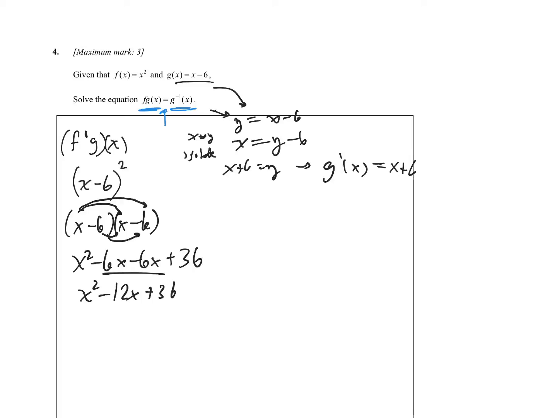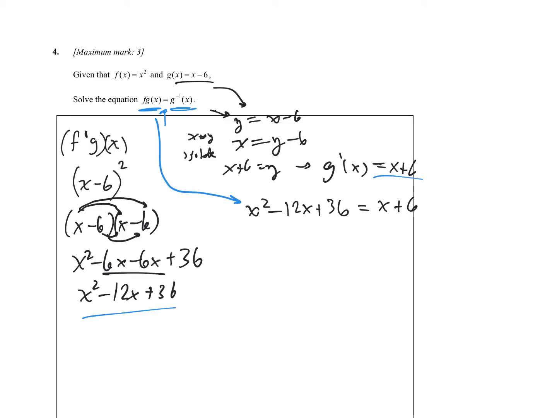So that's x² − 12x + 36 = x + 6. So there's the equation there.